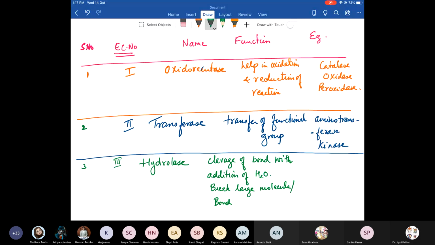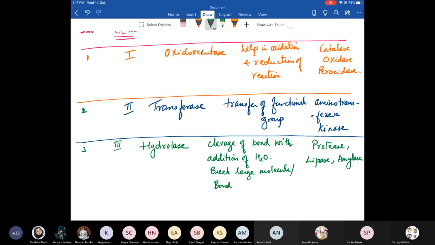Peptide bonds are broken by protease. Lipase breaks ester bonds, amylase too. So all this comes under the category of hydrolase. They break the bond with addition of water molecule.